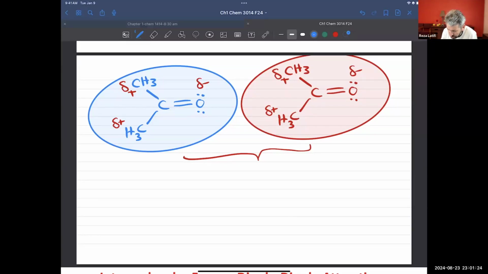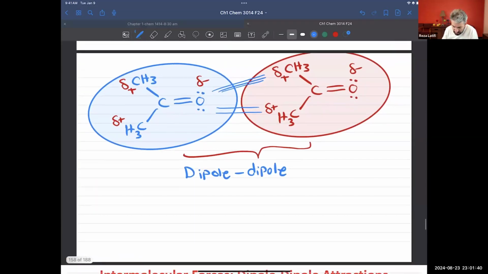So the new interaction that we get between them, we call dipole-dipole interaction. It is heavily subject to mu, because if you have positive or negative charges and they are not big enough, you're not going to have enough interaction.